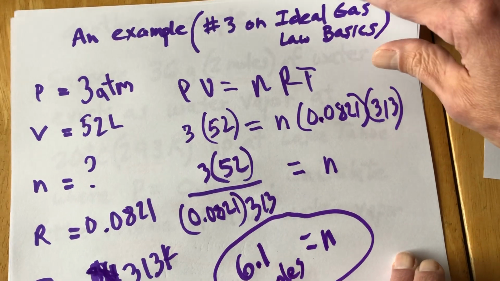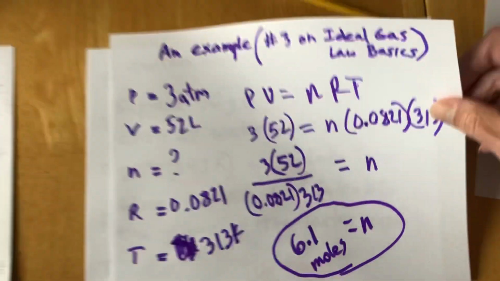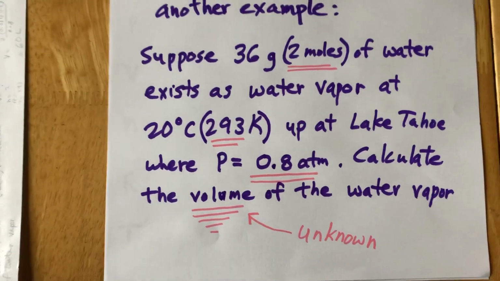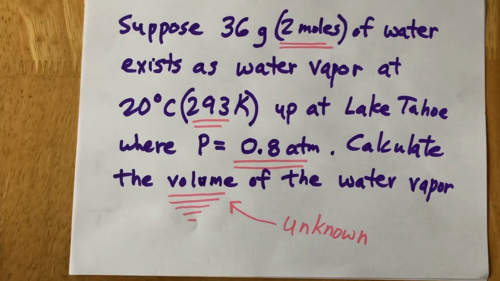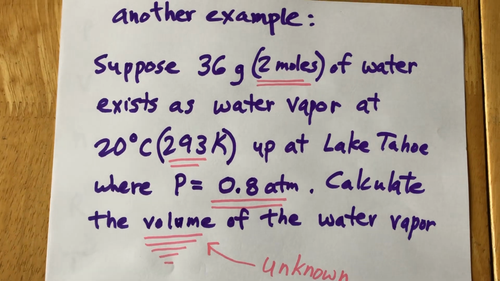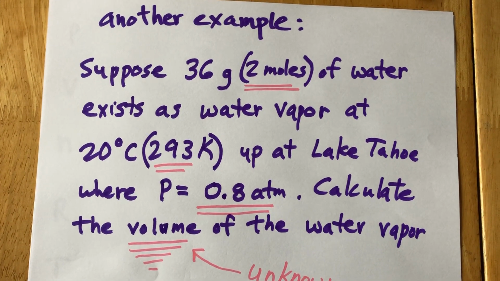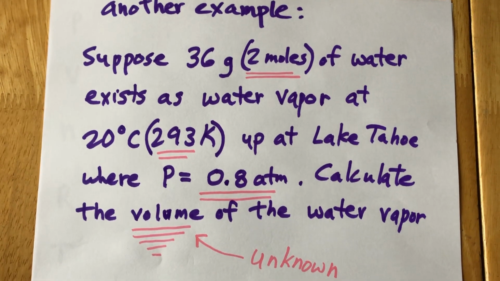Then we'll do one more example. I just made this up. Suppose you have 36 grams of water, which is 2 moles of water, because water has a molar mass of 18.